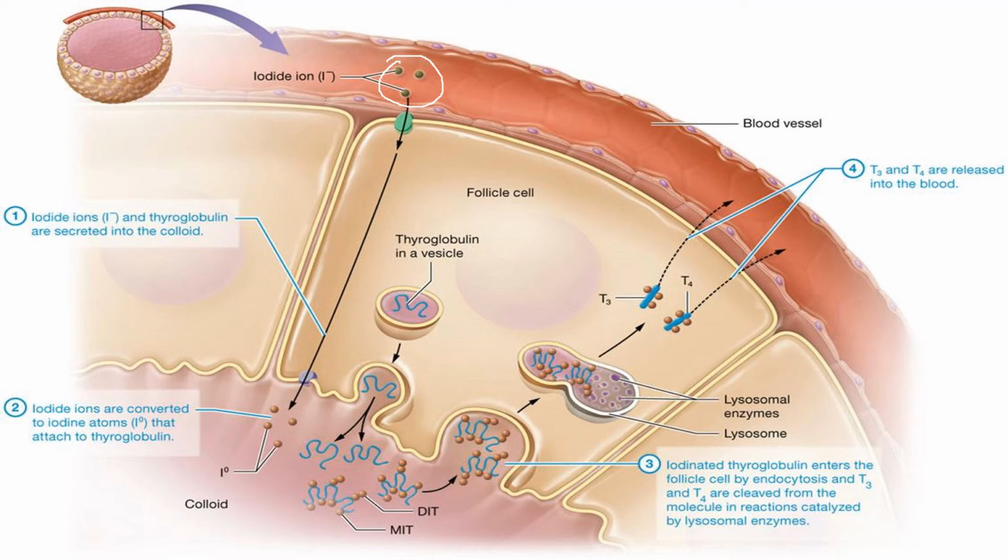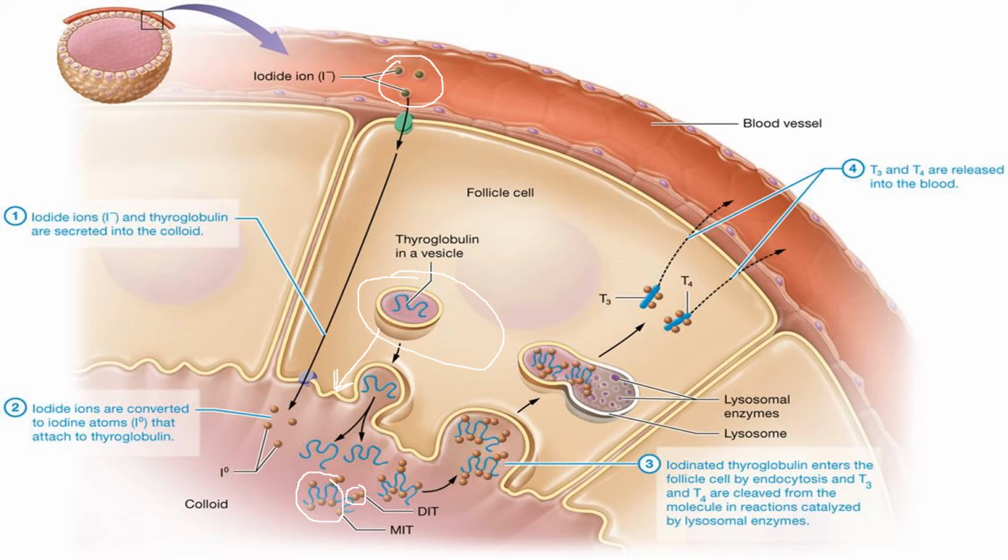Eventually, the iodide ions and the thyroglobulin, here you see in a vesicle, all of them get pushed into the colloid from the follicle cells. Iodide ions then get converted into iodine atoms, which then attach to the thyroglobulin, either MIT or DIT. You see an MIT here, and you see some MITs there and a DIT here.